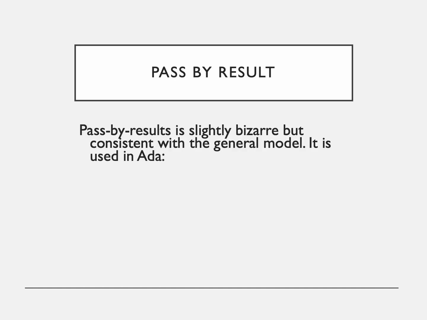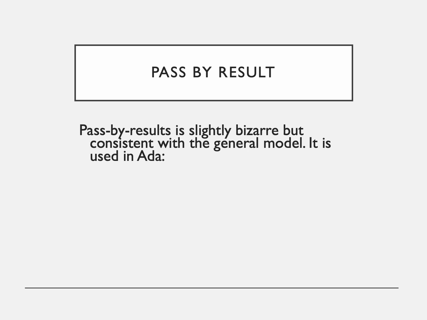Okay, now let's see pass by result. This mode is used primarily when the intention is to return a value from the subprogram to the caller rather than consuming input data. So basically pass by result means that the subprogram does not use the initial value of the parameter.